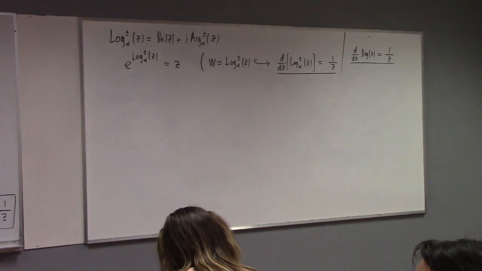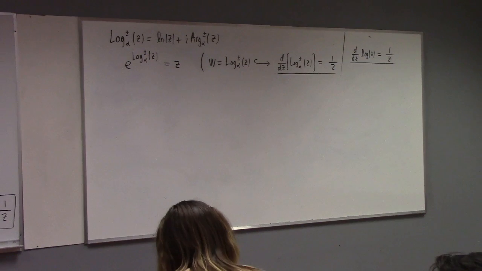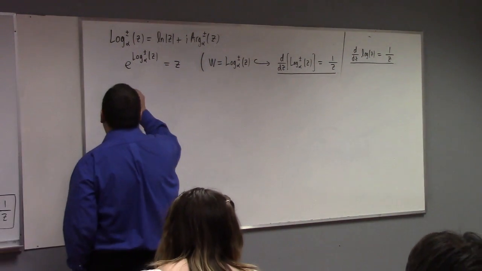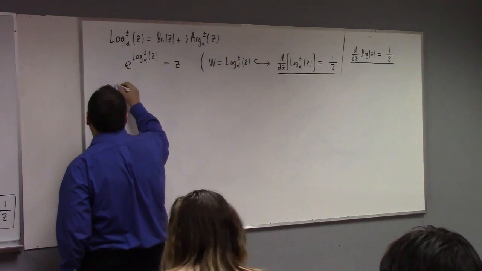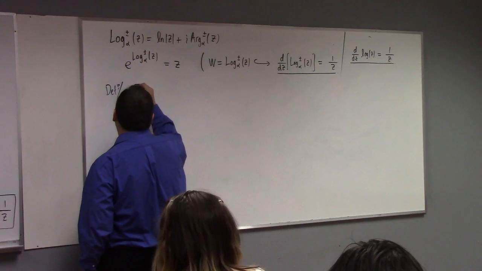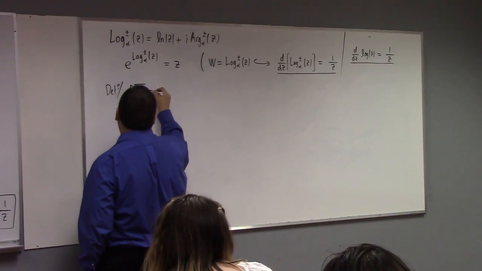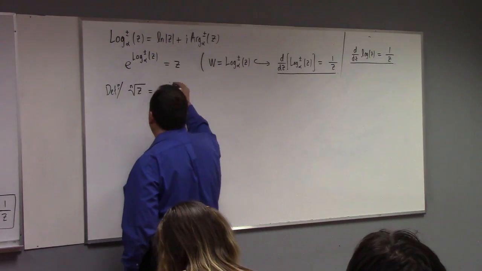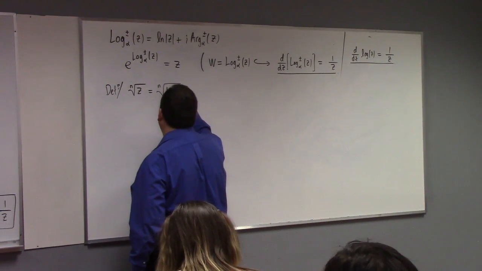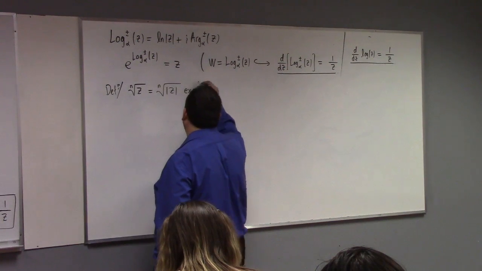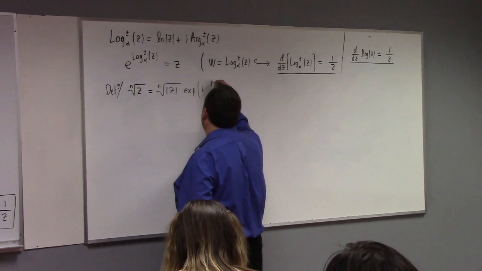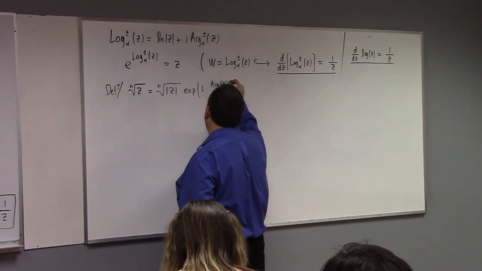Anyway, all right, let's circle back here. Let's go back down memory lane. Definition. You guys remember we defined the nth root of z. What was that equal to? It was equal to, as I recall, the ordinary nth root of the modulus of z times the exponential of i times arg of z over n.